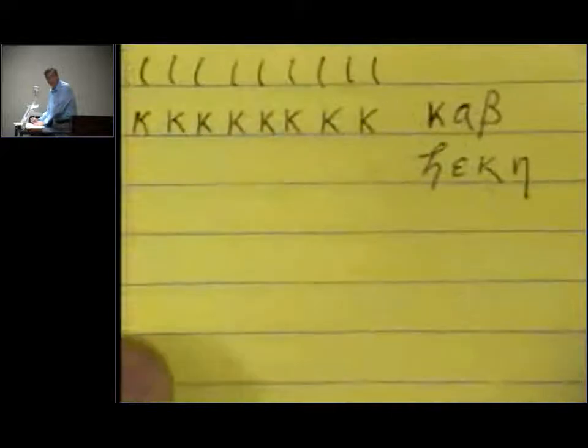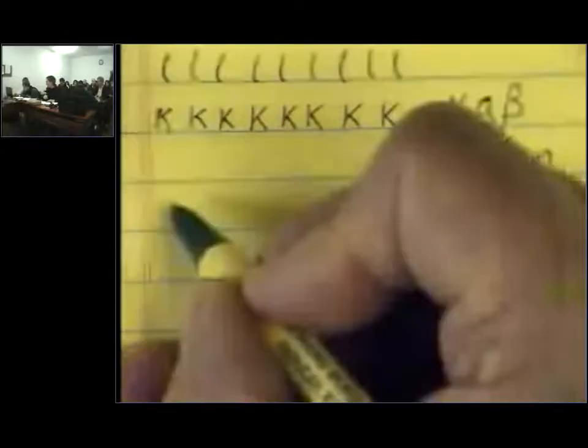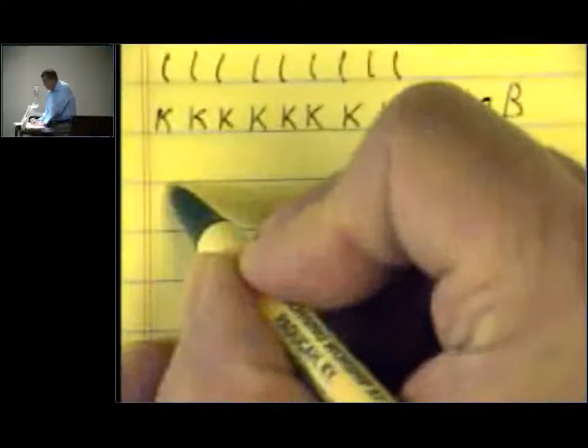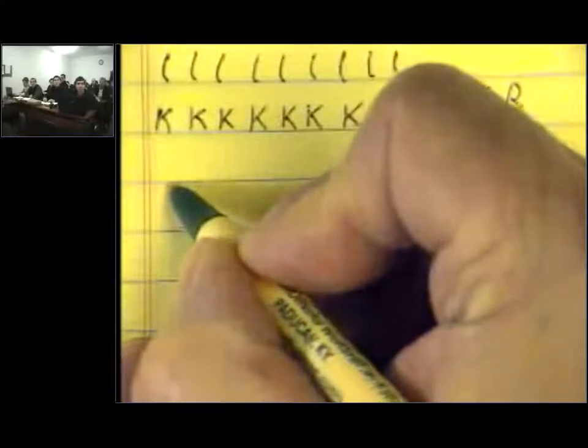lambda here. Lambda. Start way up high like this and make a diagonal line down to the other line.